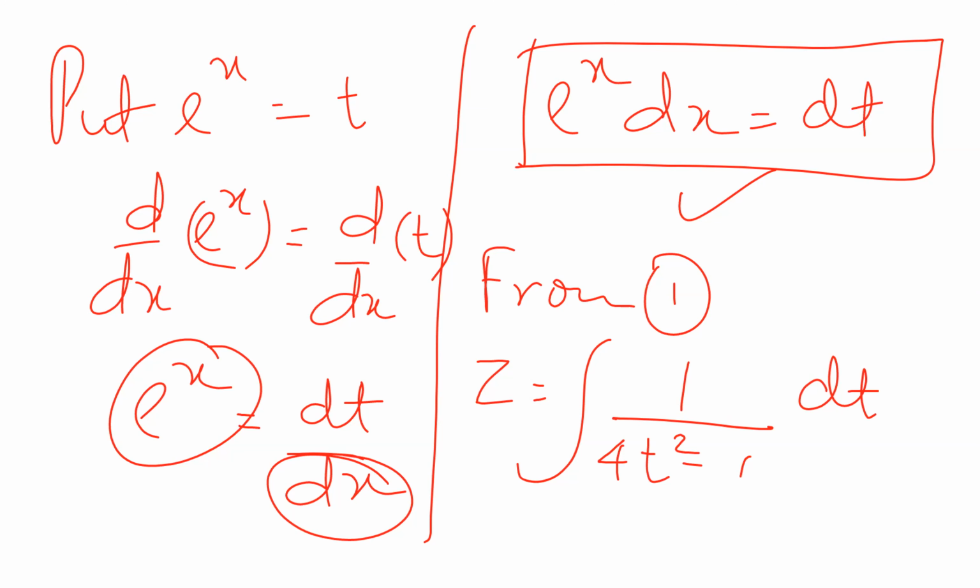So you can eliminate. How to solve this further? 4t square minus 1. Come on, tell me, guys. Hello? Wrong. It cannot be 2t square. I have already told you, don't do this method. How can it be 4t square minus 1 with log?